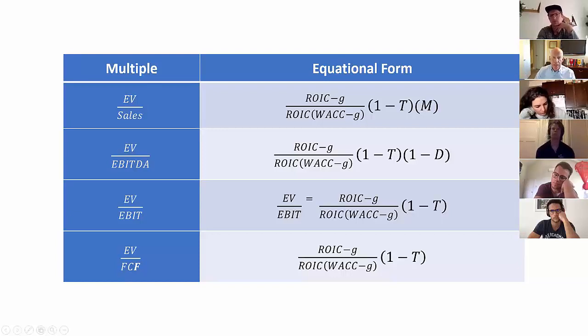Well, the only one we're guessing at here is G. But if we take a multiple from a particular point in time, and in this case call it 9.28, we know the left-hand side is 9.28, and we know the right-hand side, ROIC and WACC and tax rates are 16.95 and 0.26, we could solve for G, couldn't we?